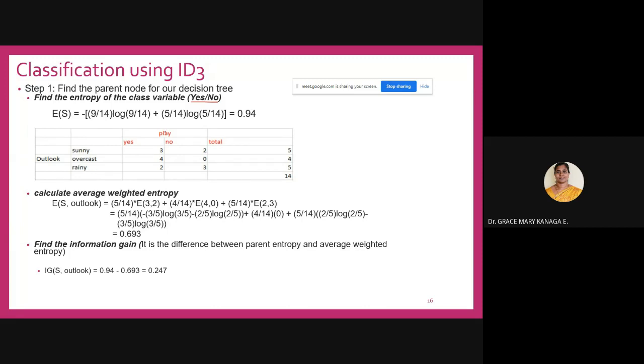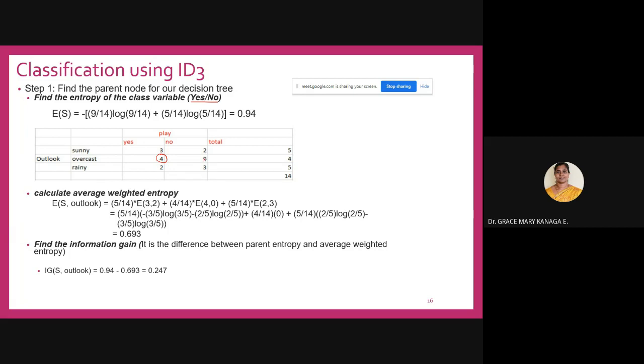So whether they will play yes or no: under sunny you can see 3 yes and 2 no. Got it? Under overcast, you can see 4 yes and 0 no. You just go through that training data, that is the sample data.